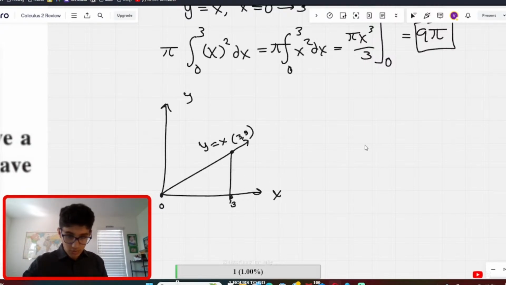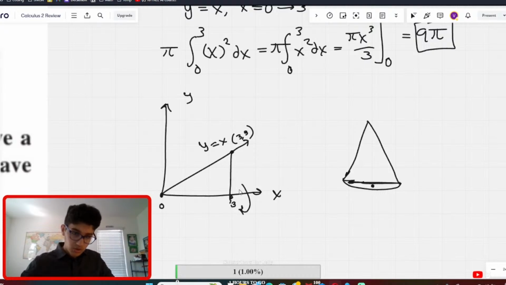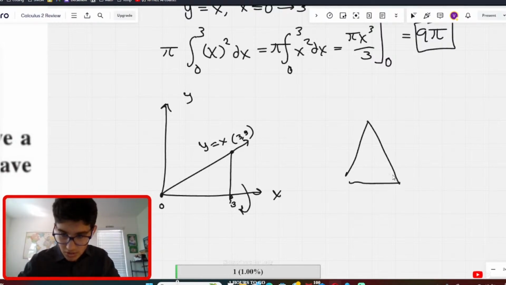Now let's take this into the third dimension. We'll have something like this. I'm going to try to make it easy to see. It looks odd, but this is basically f of x, or r of x, I'll use r of x from now. One second, let me redraw the cone here.